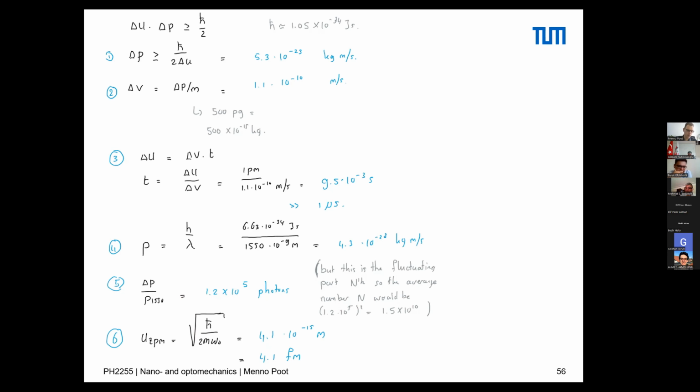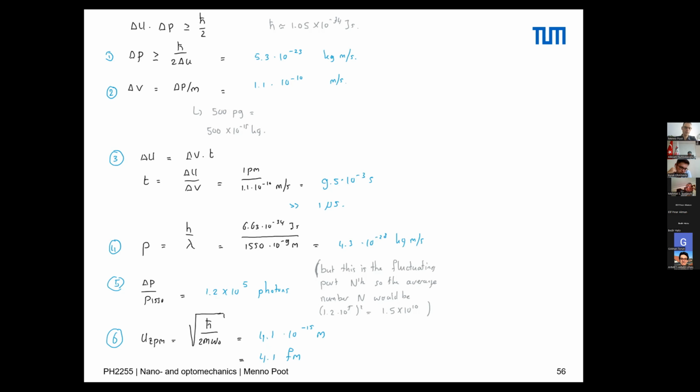And then the final question was to calculate the zero-point motion. How large is this extent of the ground state wave function? For that, you can use this equation over here. You know what the mass is: 500 picogram. You know what the frequency is: 2 pi times 1 megahertz. When you plug all those numbers in, you'll find that it's about 4 femtometer.